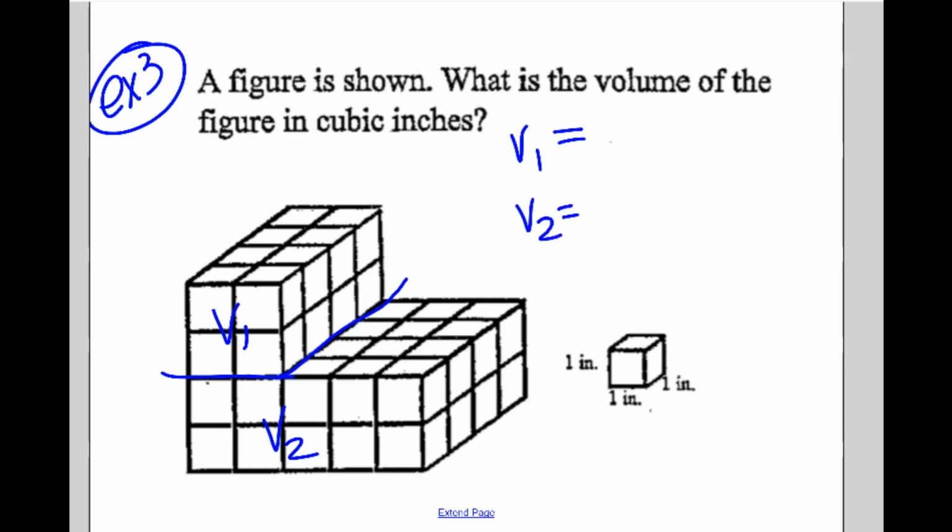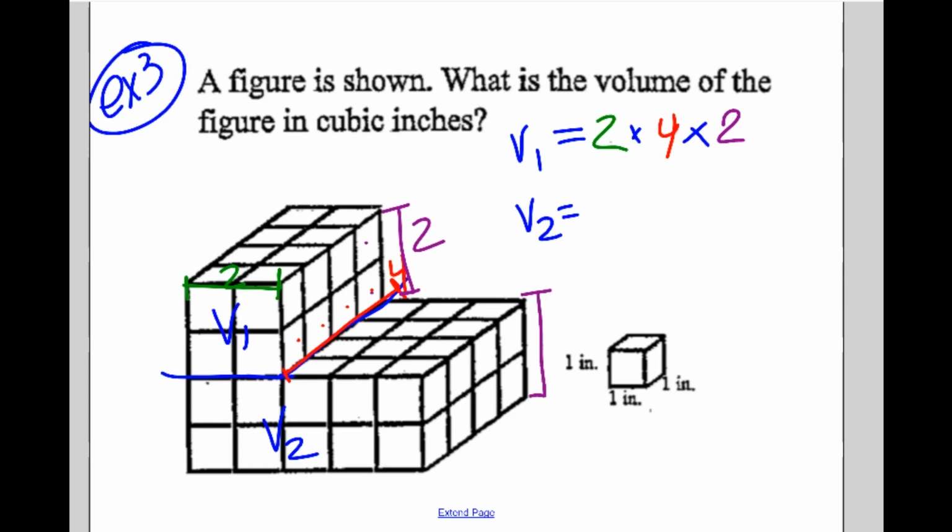My length for volume 1 from left to right is 2. I see a 2 there. And then my width from front to back, I see 1, 2, 3, 4. That's 4. And then my height from top to bottom, I see 1, 2. So that's 2. All right, now let's go to volume 2.